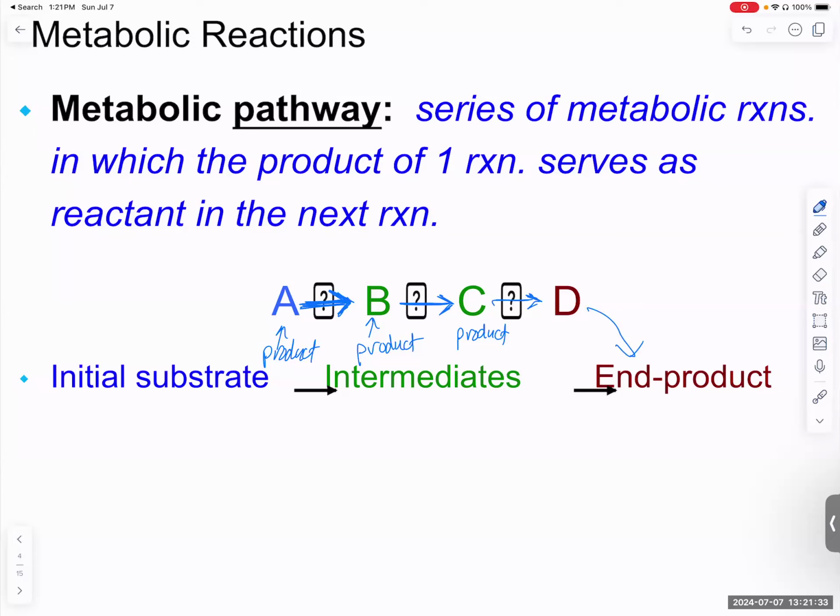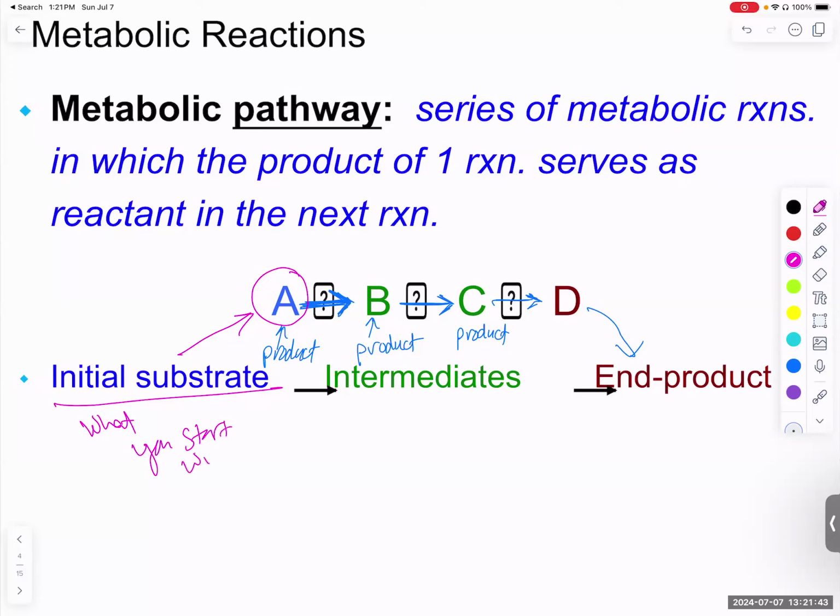Whatever you start with is called the initial substrate, which then becomes intermediates. You can have 2 intermediates, you can have 20 intermediates. Eventually, you're going to end up with an end product. And so this would be a metabolic pathway.